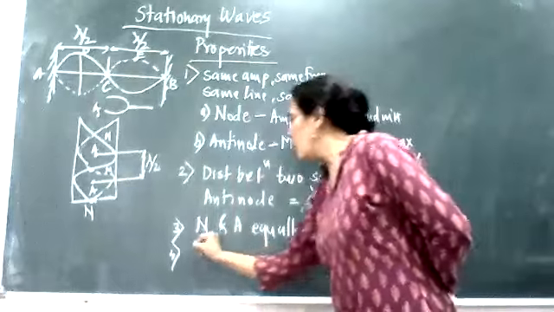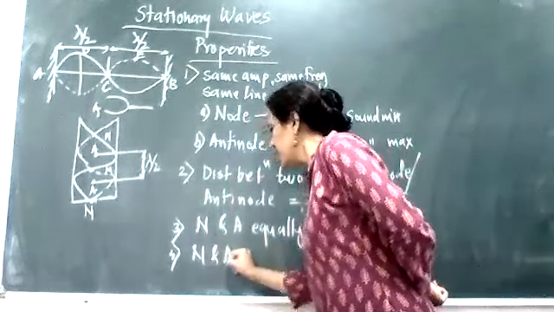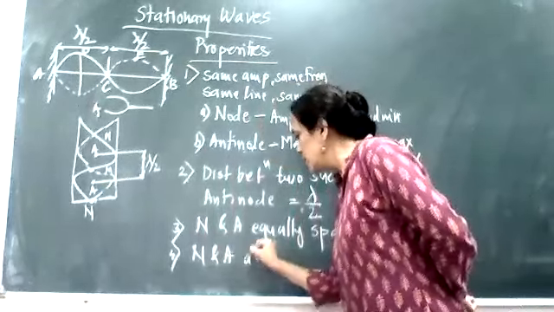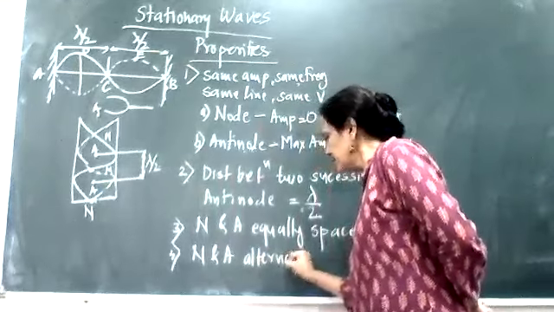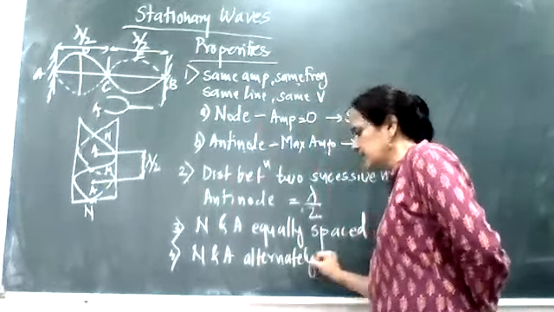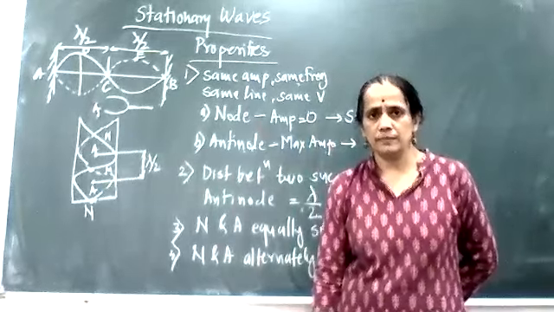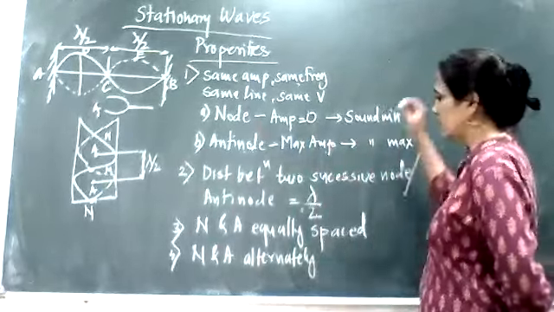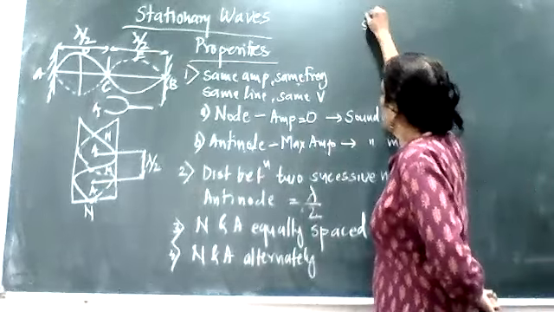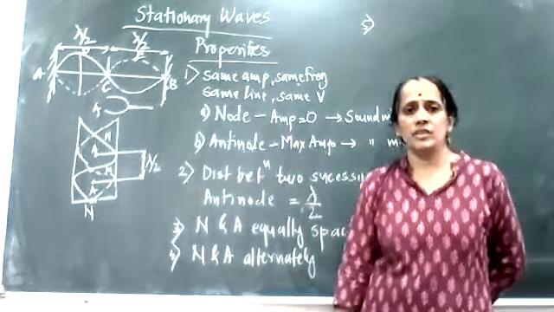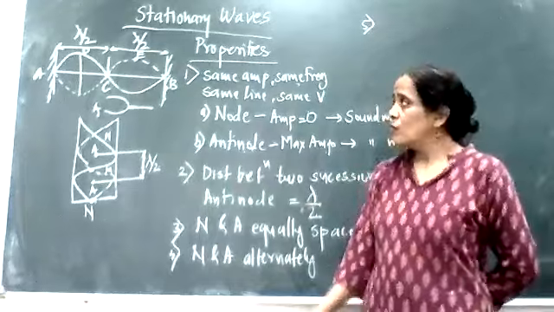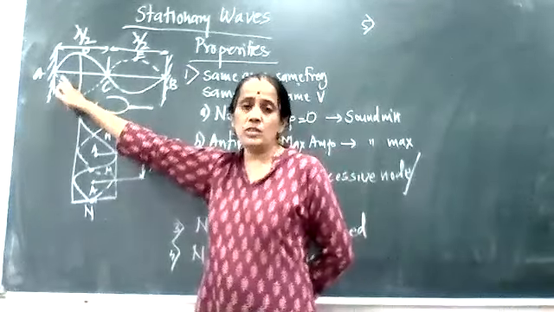Means nodes and antinodes are obtained alternately in the stationary wave.